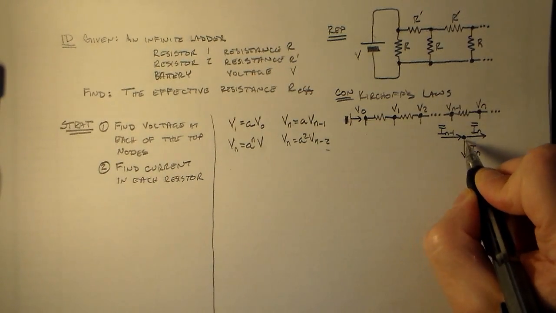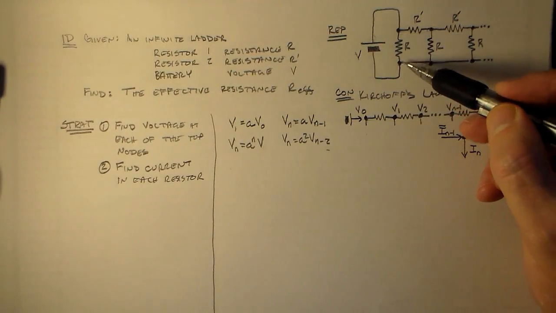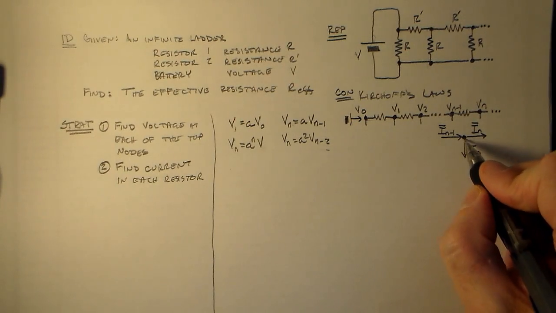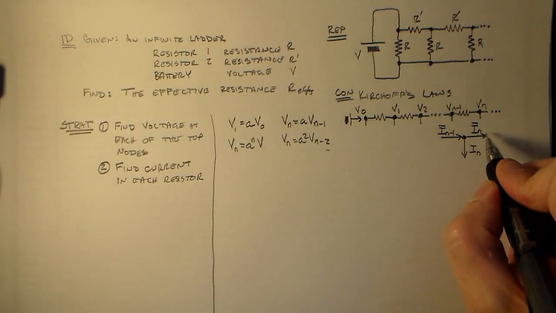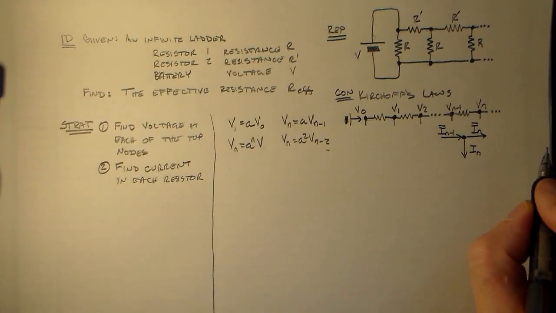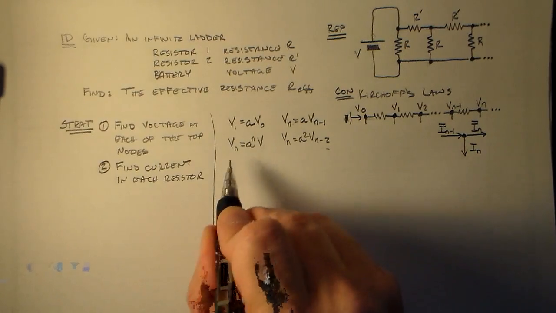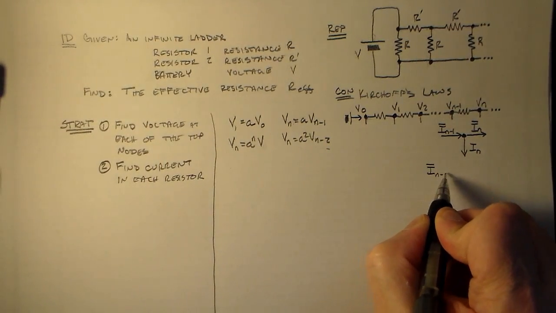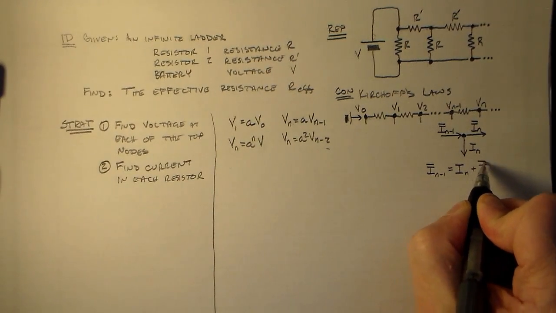So the In is the current that goes from a node to ground. I bar n is all the stuff that's left. So this is all the stuff that's going back to the battery. This is the stuff that's left over and is going on to the rest of the circuit. All right. So we have to use this, which tells us that I bar n minus 1 is equal to In plus I bar n.